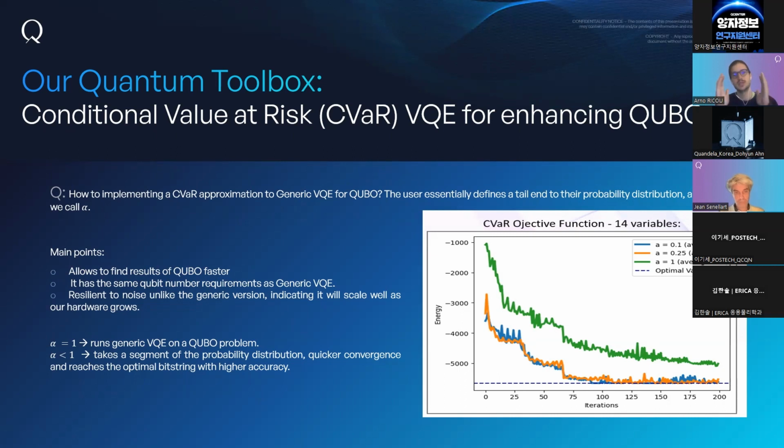In this case, we just keep some of these expectation values, the most relevant ones. And that's interesting because it allows us to have a noise-resilient generic algorithm using VQE, because we get rid of these little noisy terms. We just keep the most important ones.